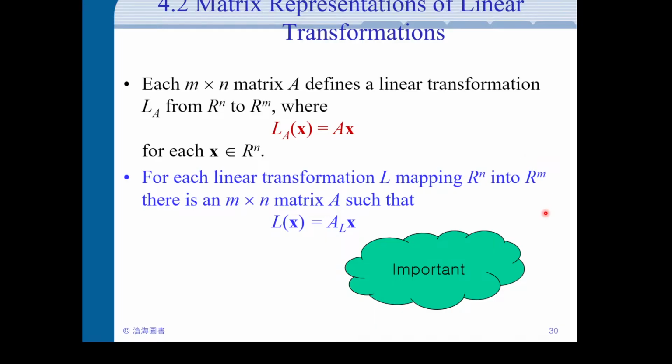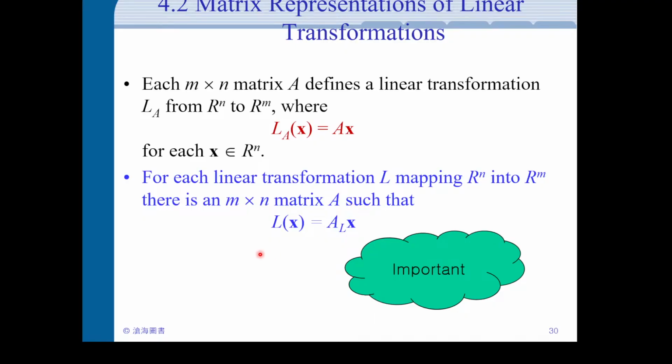Okay, and now we want to prove this theorem, saying that whenever we have a linear transformation from Rn to Rm, then we can also find a matrix that corresponds to this linear transformation, and L of x equals A sub L times x. And I think we can probably prove this theorem and call it a day.